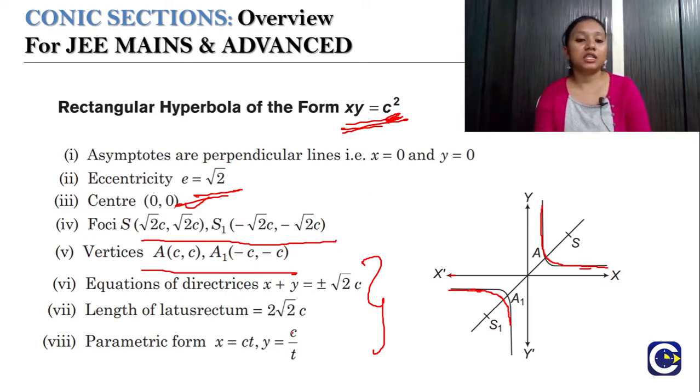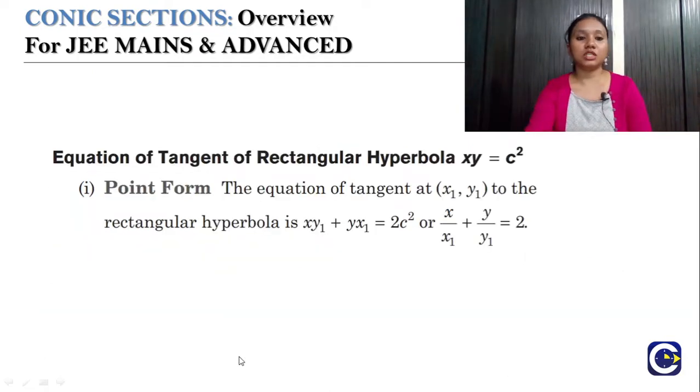Here the length of the latus rectum is 2 root 2c, and the parametric coordinates for this rectangular hyperbola are x is equal to ct and y is equal to c divided by t.